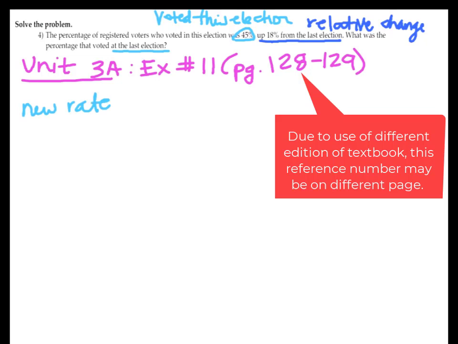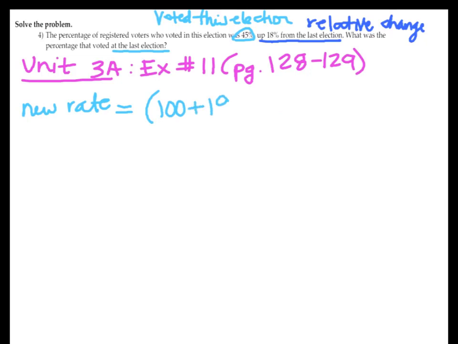Well, similar to problem number 11 from the textbook, we have new rate equals a sum of 100 plus 18% multiplied by the previous rate.